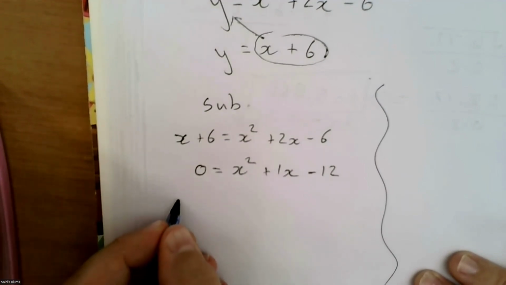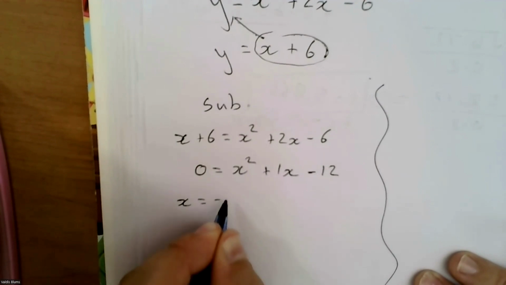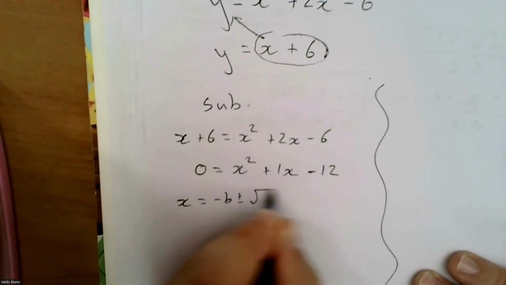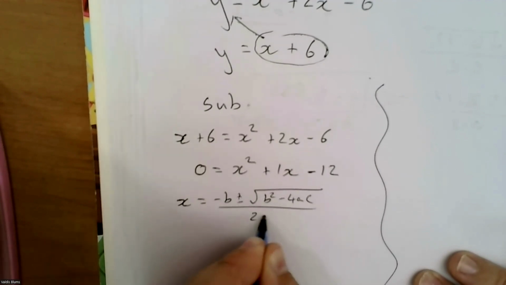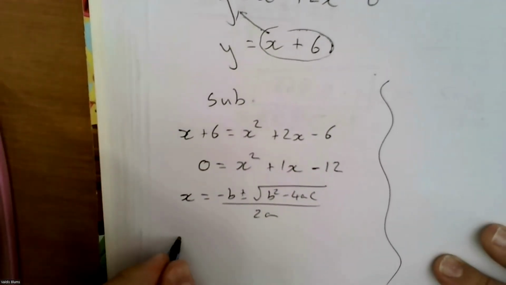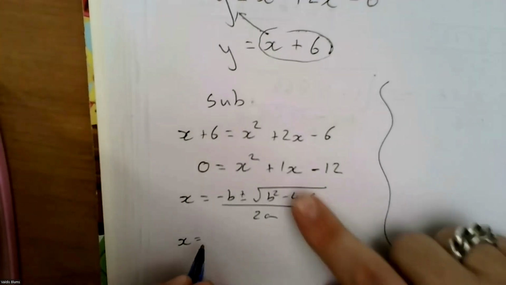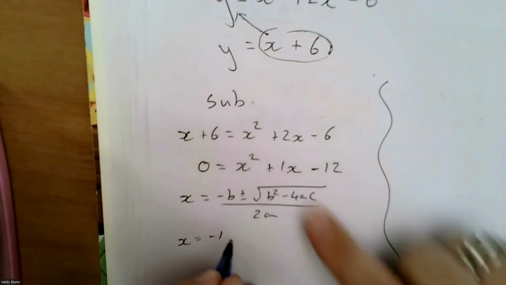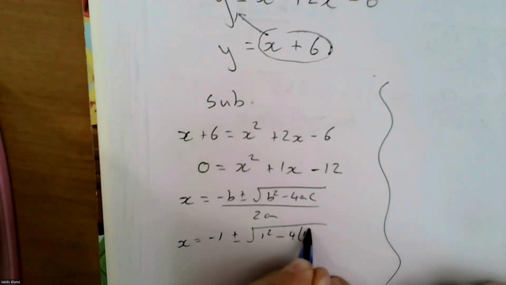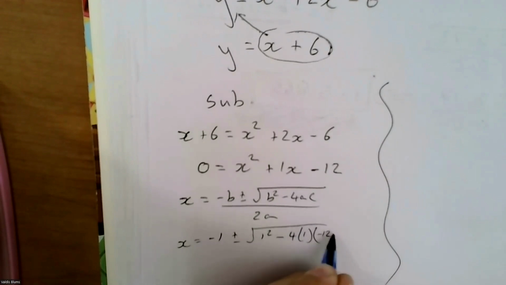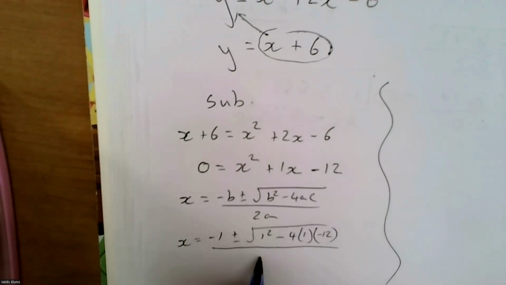And you can now use your quadratic formula, x is equal to negative b plus minus square root b squared minus 4ac all over 2a. So x is equal to negative b, so negative 1, plus minus square root of 1 squared minus 4ac all over 2a.